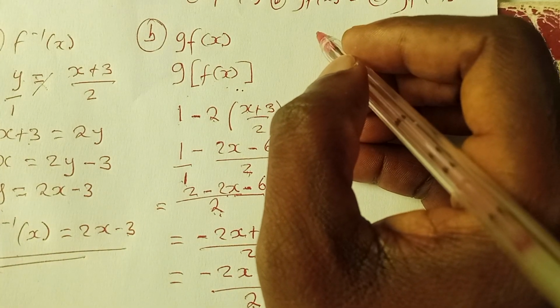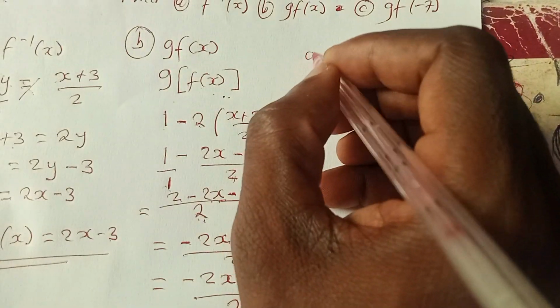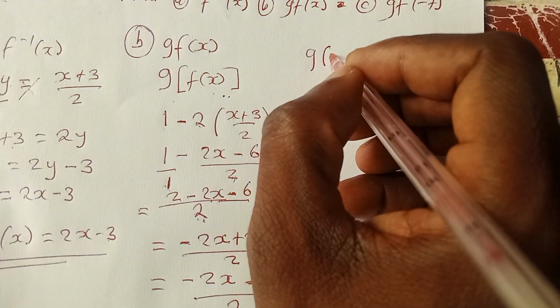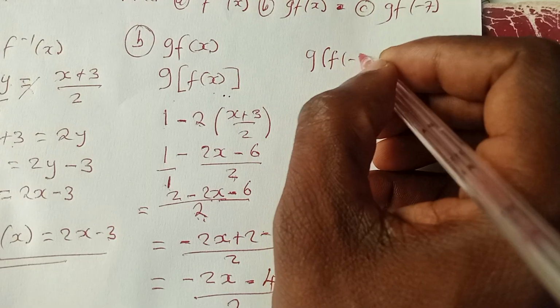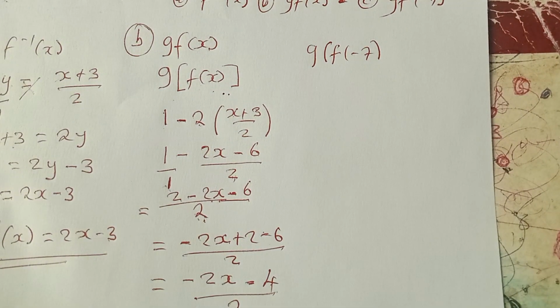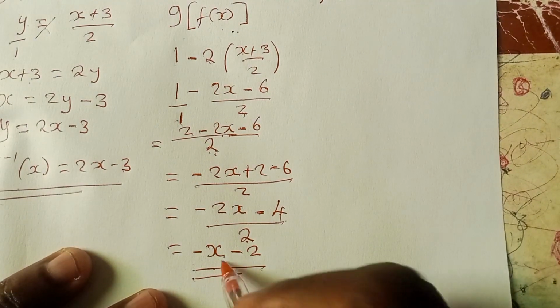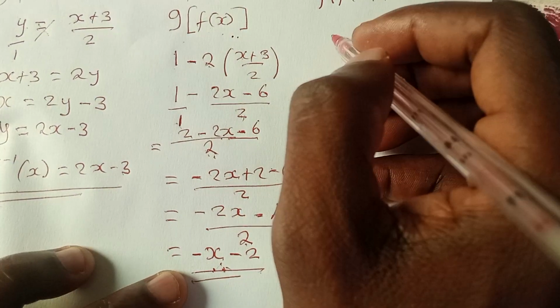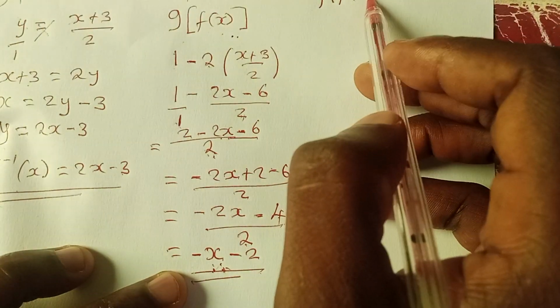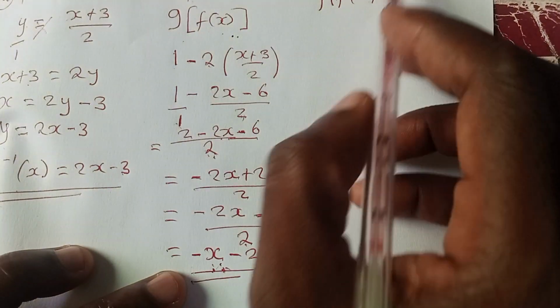The last one, which is g f of negative 2. Since we have already found this expression, we just use it. Where there is x, we substitute negative 2.